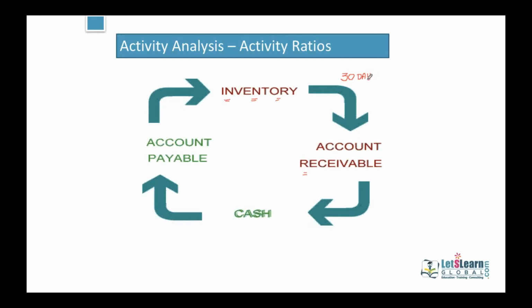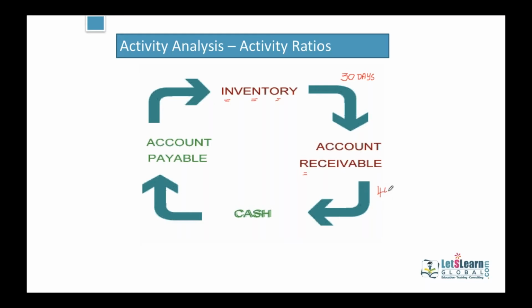After 30 days, we are able to find a customer. But the customer asked us for 45 days credit: I can only pay after 45 days from today. Yes, we sold with a 45 days credit period.